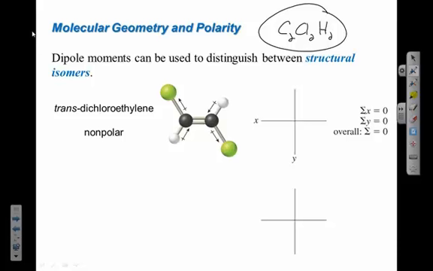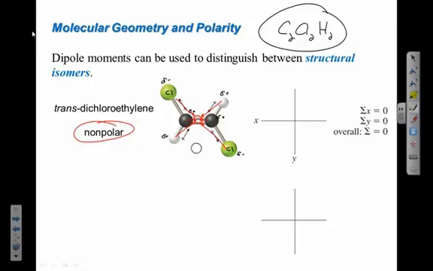So if I had the chlorines positioned on the carbons like this, on opposite sides, and I were to employ the vector method or look at the center areas of partial positive and partial negative, the average position of partial negative is right between where the chlorines are, and the average position of partial positive is right between where the hydrogens and carbons are. It's all in the same position. So that tells me that this one is nonpolar.